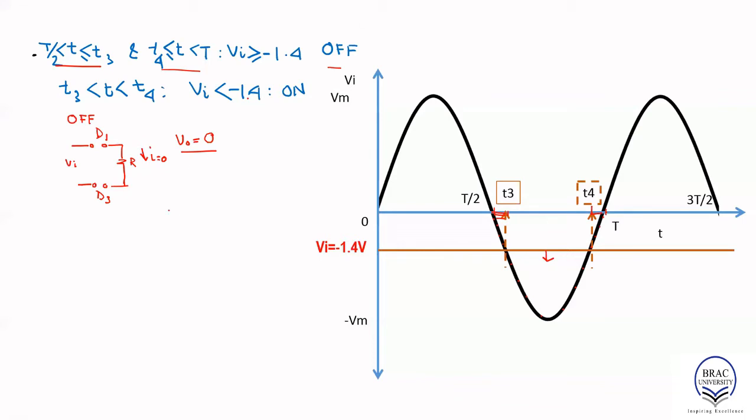And then let's find out what happens when the diode is on. So the input output relationship when the diode is on. When the diode is on, we can replace the diode.